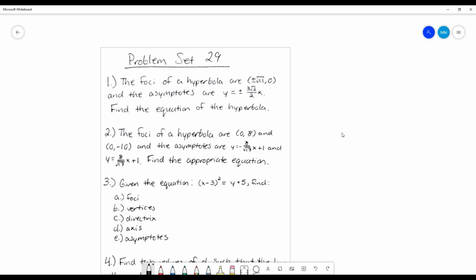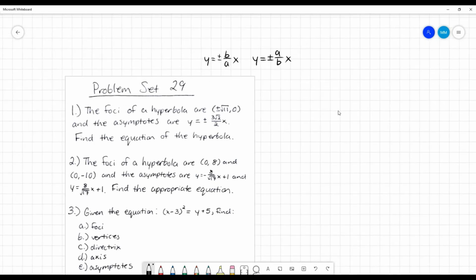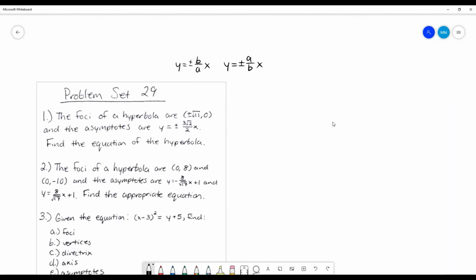Now, if we remember, our asymptotes for a hyperbola are always going to be either plus or minus b over a times x, or plus or minus a over b times x. That depends on whether it's a horizontal or a vertical hyperbola.